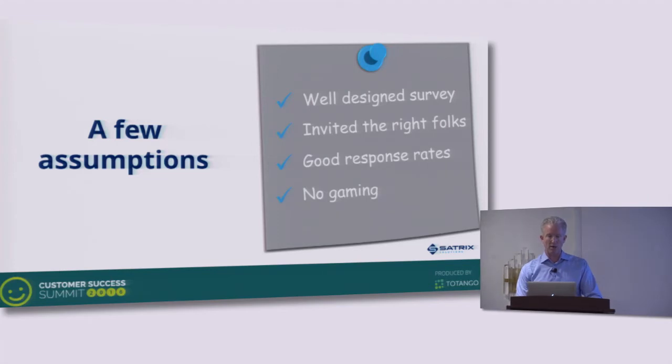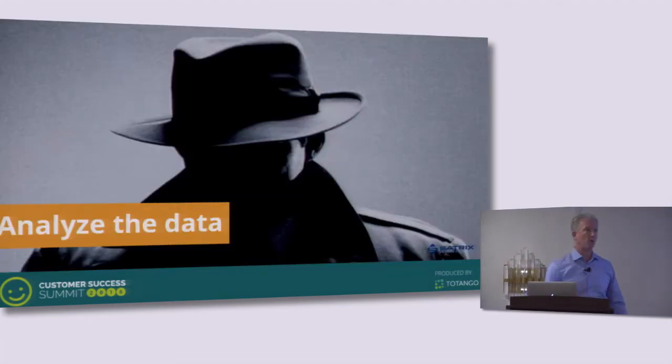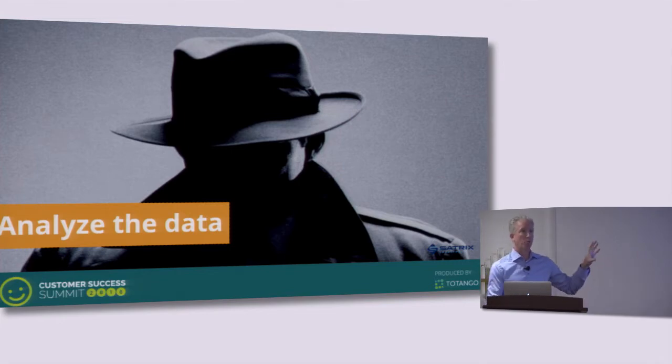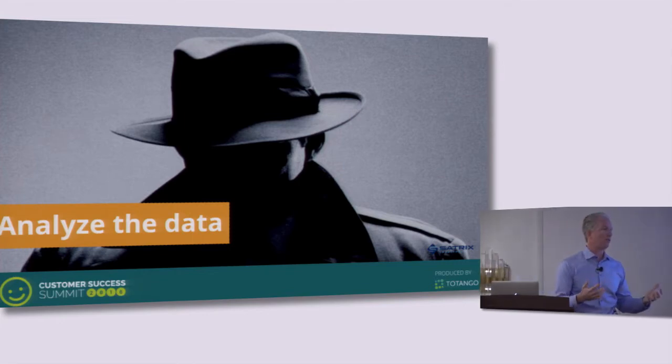What do you do now that you have all of this wonderful feedback? Well, of course, the first thing you do is you analyze it. Now, analyzing it can be quite a detailed process. You can look at a lot of different components, a lot of data elements, and you're somewhat like a private investigator. And the work that we do on behalf of our clients, that's how we see ourselves.